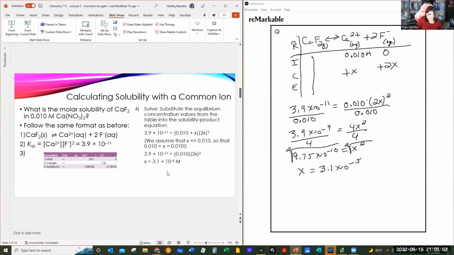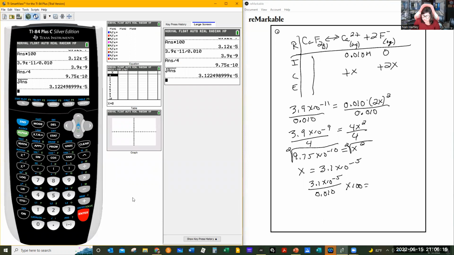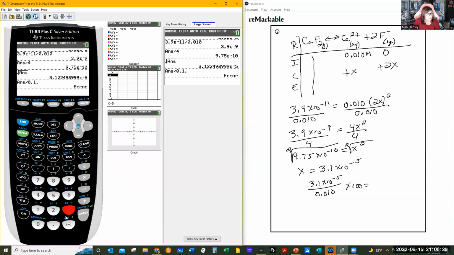Now, if you wanted to do the check to see if this is a valid assumption, we take our 3.1 times 10 to the minus 5th divided by the 0.010 times 100. I'll use the calculator because I'm no good at this. So we'll divide this by the 0.010. 3.122498999.